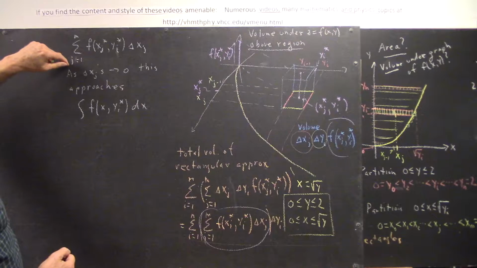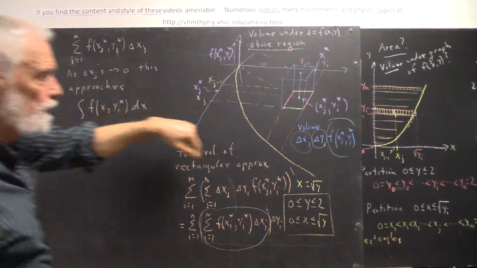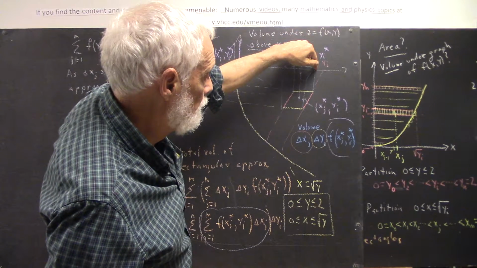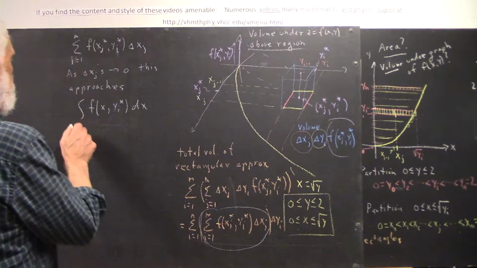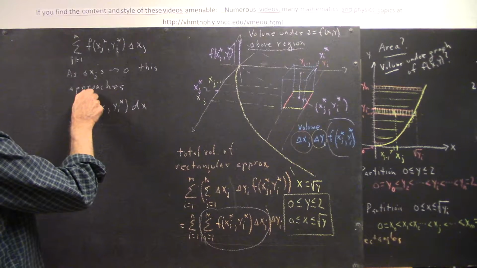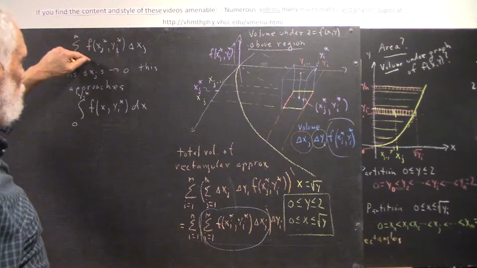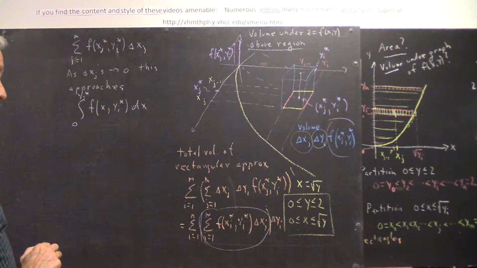Now, as j goes from 1 to m, what happens to x? Well, your x values go from here to here. That's from 0 up to the square root of y sub i star. So this inner sum becomes this integral.